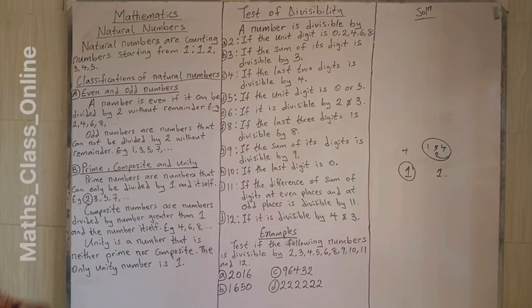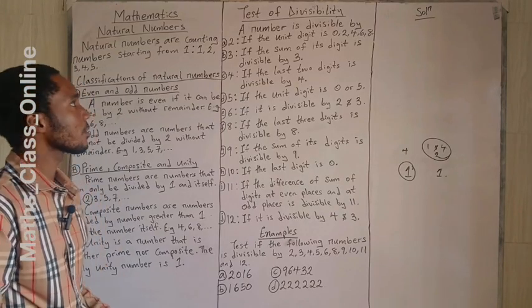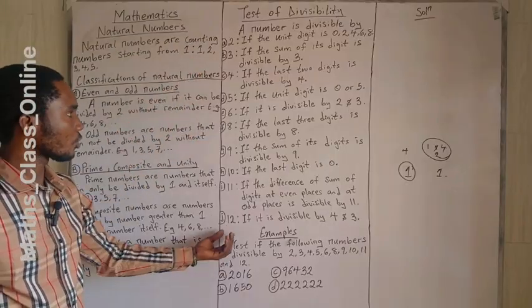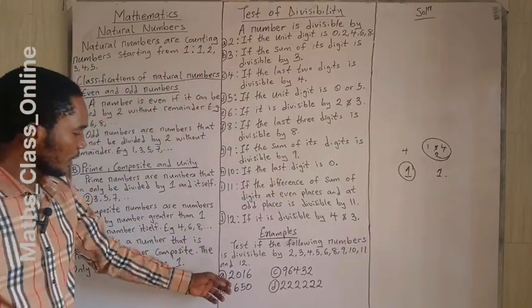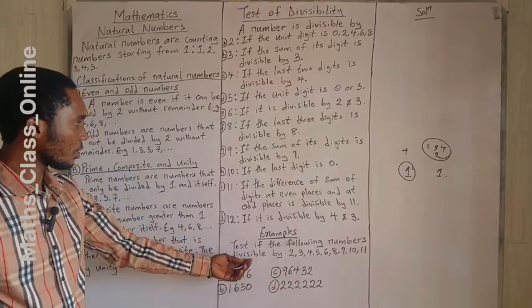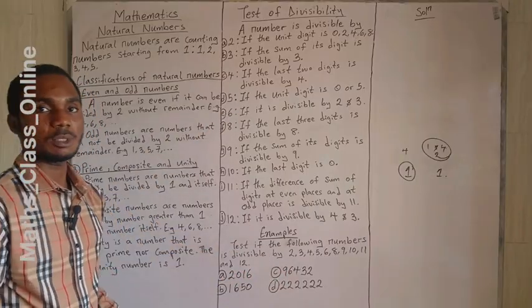We then move on to test of divisibility. A number is divisible by, we have from 2 to 12. We are to show if these numbers are divisible by 2, 3, 4, 5, up to 12 using these divisibility rules.